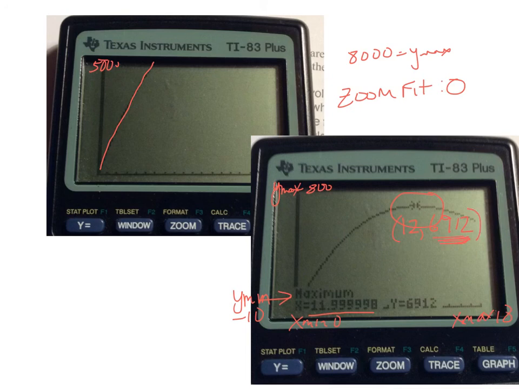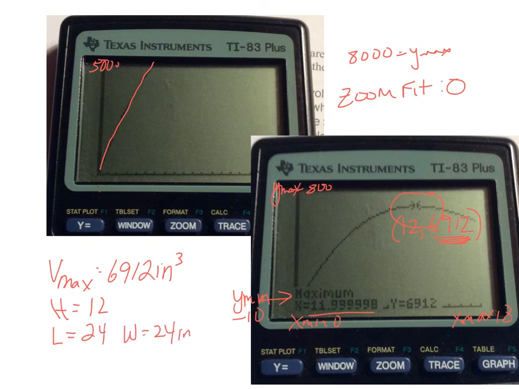So the maximum volume we can have in our box is 6,912, and these were in inches, so that would be cubic inches. And the X, which is going to be the height of the box, is going to be 12, and that means that the length is going to be 36 minus 12, and the width is going to be 36 minus 12, and these are all in inches. So that's the answer to this question.